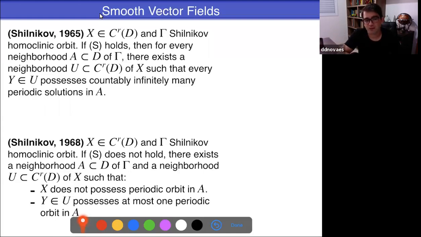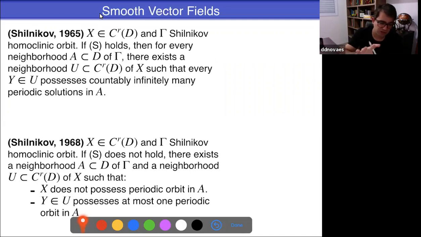So you can find a one-parameter family of smooth systems, for instance X_mu, such that for mu equals 0 you have X, the original vector field, and for mu distinct from 0 you do not have the Shilnikov connection. Then for mu positive, you have vector fields with exactly one periodic orbit, and for mu negative, the vector field does not have periodic orbits.